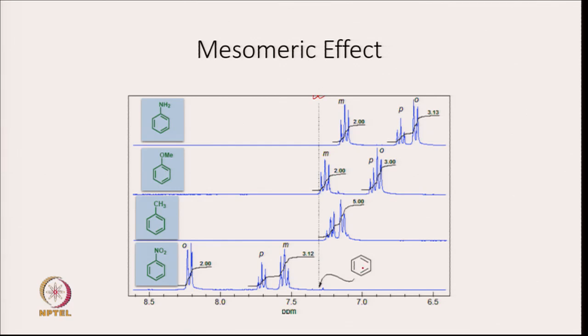So, this is the line for the benzene ring. NO2 is withdrawing electron away from the ring. So, all protons, either in ortho position, para position or meta position, are going to be electron deficient in comparison to benzene, and so the chemical shift will be high.